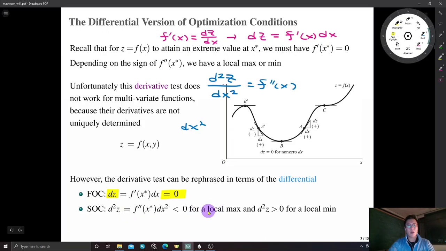Okay, so we can restate the second order condition for an extreme value as: the second order differential is negative at a local max but positive at a local min. Okay, so that is an equivalent condition to the derivative test. But the advantage of this is it can be directly applied to multivariate functions.